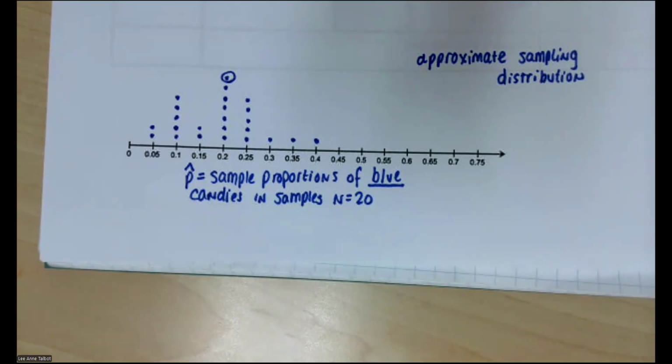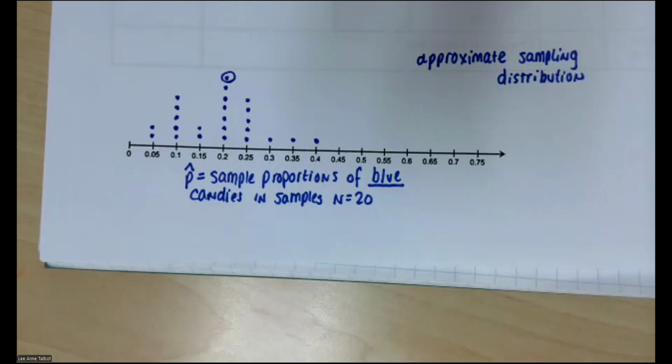do you feel like sample proportion is an unbiased estimator of the population proportion? What I'm saying in teenage words is, do you feel like you could have looked at that yesterday and sort of concluded that maybe the blues were about 0.2 or 0.25?